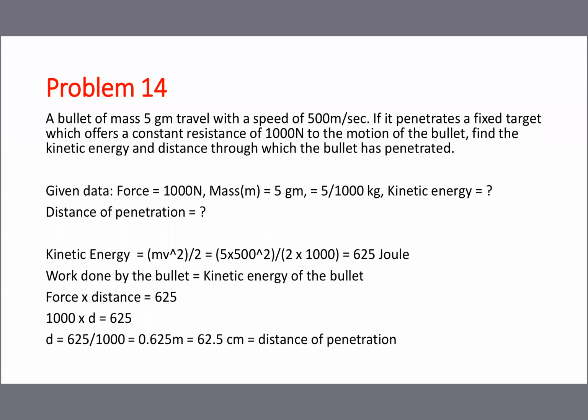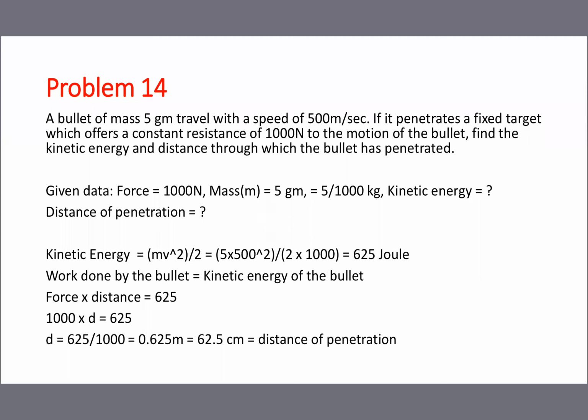So first you understand the problem. A bullet of mass 5 gram, that is the mass given. It is moving with the speed of 500 meter per second, velocity given. If it penetrates a fixed target, penetrates means getting into the target. Once the bullet touches, it goes into the target.